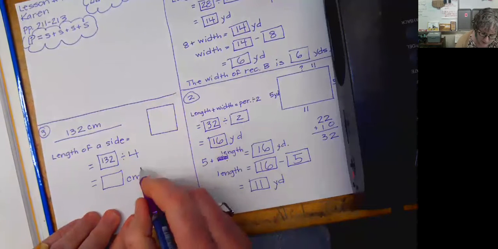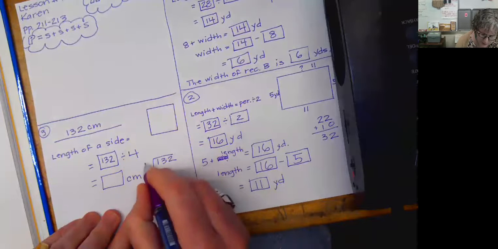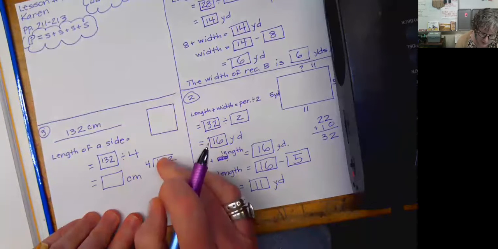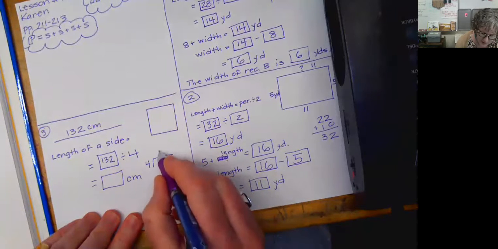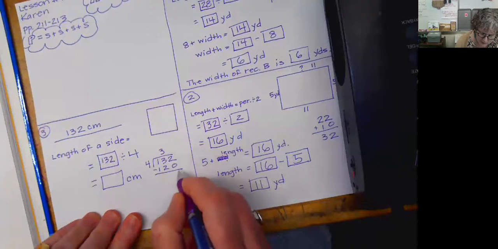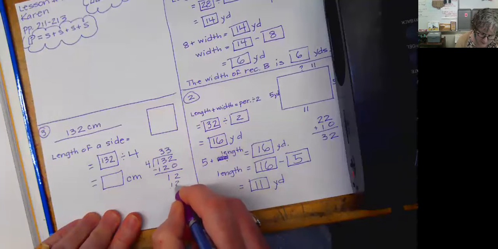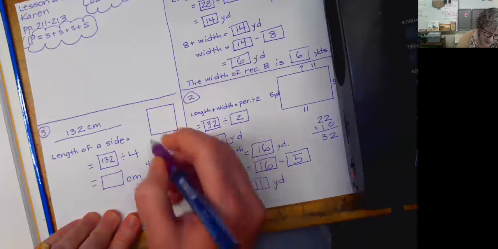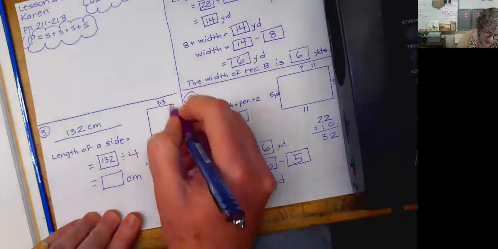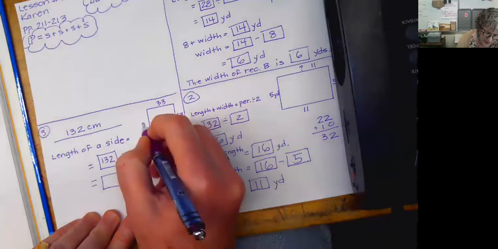So I'm going to take 132 and divide it by 4. 4 will go into 13 3 times, and that's 12. And that's going to give me 33. So that means that each side is 33, 33, 33.